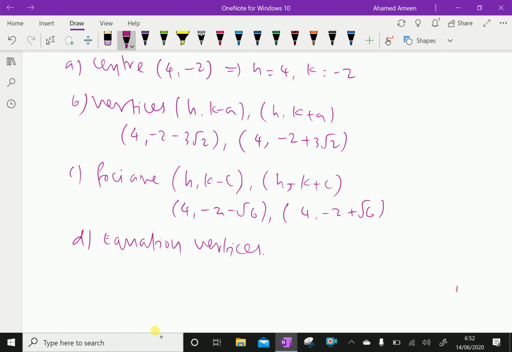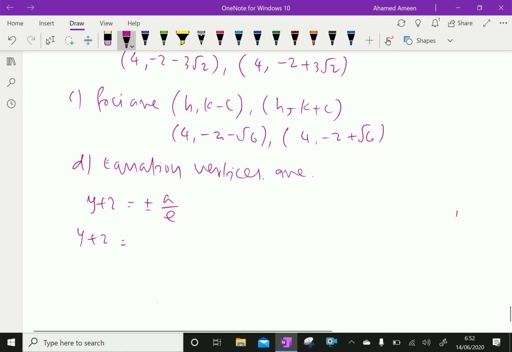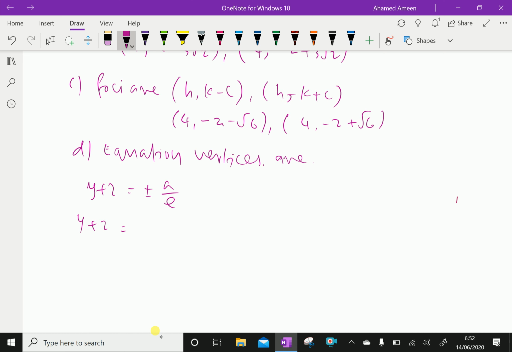Equation of directrices are y plus 2 equal plus or minus a over e. Taking the positive, y plus 2 equals 3 root 2 over 1 over root 3, which gives 3 root 2 into root 3, which is equal to 3 root 6.